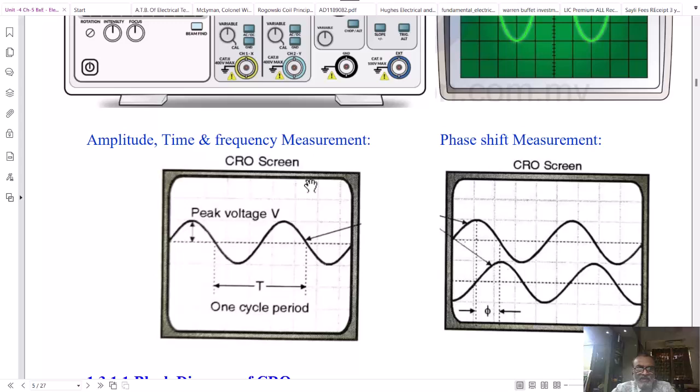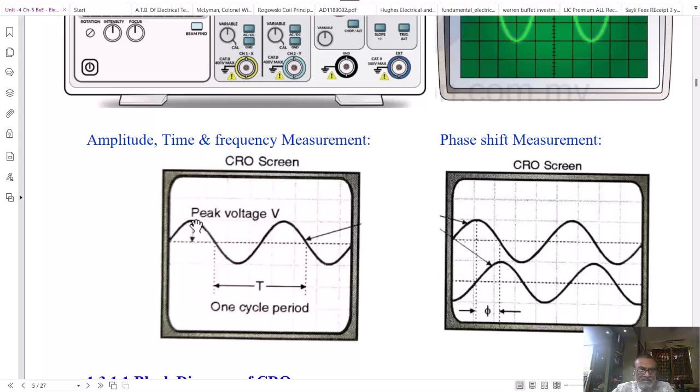Amplitude, time and frequency measurement is shown here in the figure. A typical sinusoidal waveform is shown with a graphical screen, and there is a graph line plotted. The major and minor vertical lines are there. So for measurement of amplitude, first we will measure the distance from the reference point vertically to the peak of the signal.